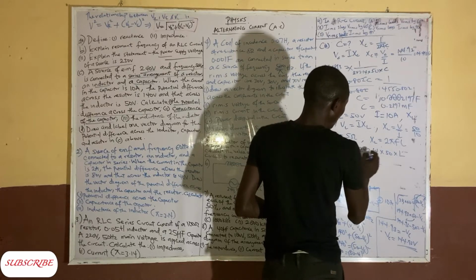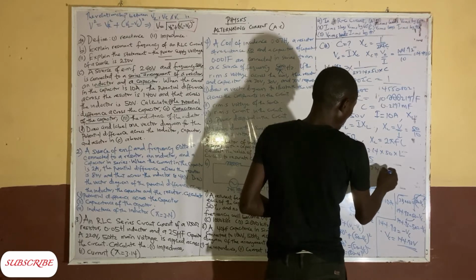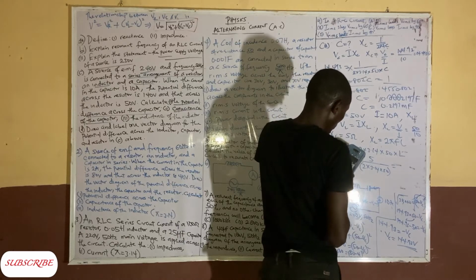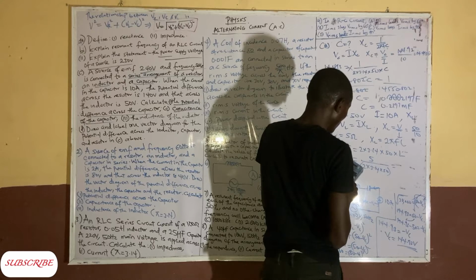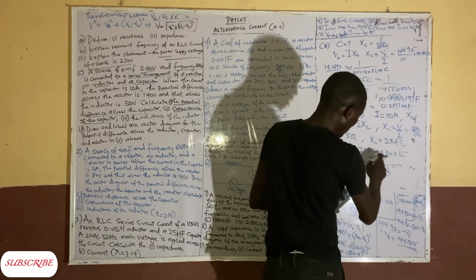Divide both sides by this. We have 5 divided by open bracket 2 times 3.14 multiplied by 50. To save your time, you just do like that.